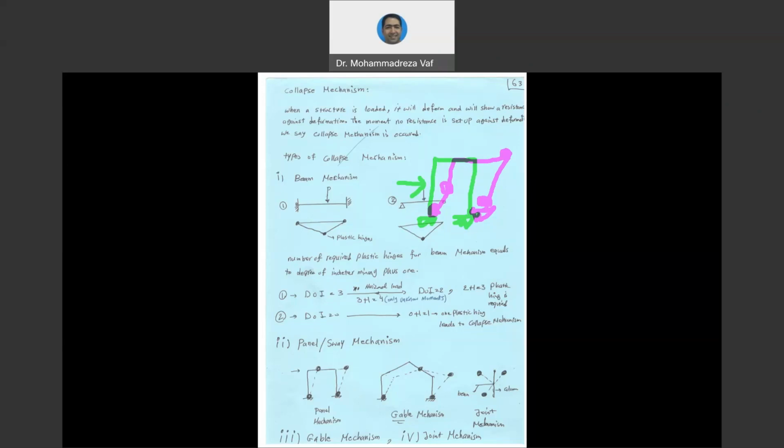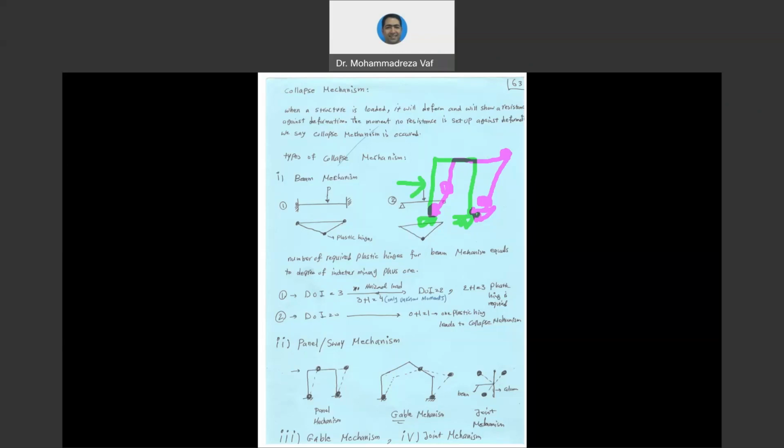So we have three different collapse mechanisms: beam mechanism, sway mechanism, and combined mechanism. Beam is the case that you have only one load in one span, and you need to have three hinges. Sway is when you have a frame and it is subjected to a lateral load, and you need to have four hinges.